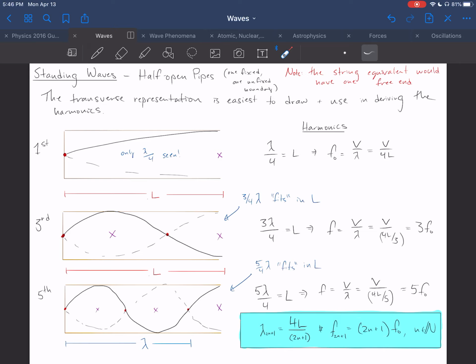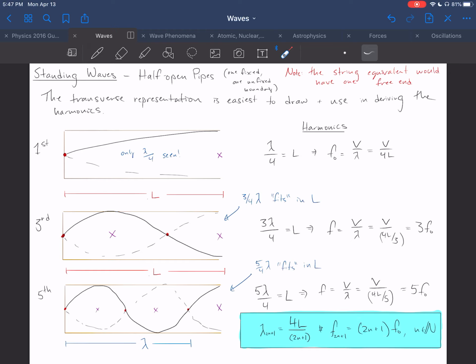We can summarize this pattern in a series of equations below, although my strong recommendation is not to memorize these equations, which are not given, but instead to remember how to draw the diagrams and to remember how to get the equations from the diagrams. This you should practice. Nevertheless, we can summarize these equations by observing that for any n, we can get the frequency of a particular harmonic by incrementing n.